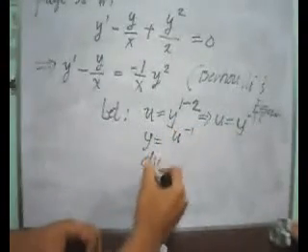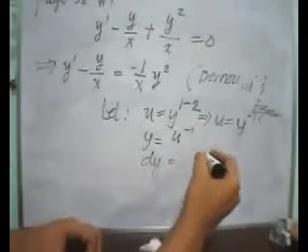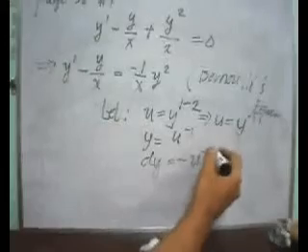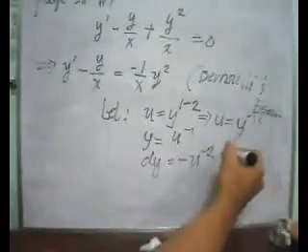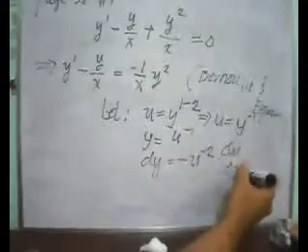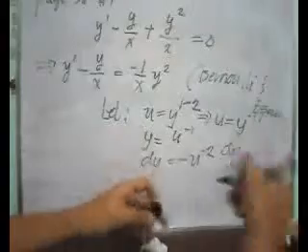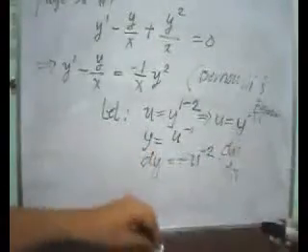Hence, we have dy equals negative u to the negative 2 du over dx. Now we are ready for the substitution that we're going to make, and then after the substitution, this will be reduced now to linear form.